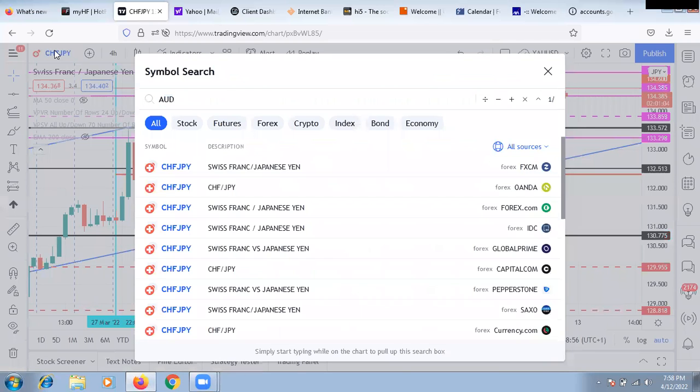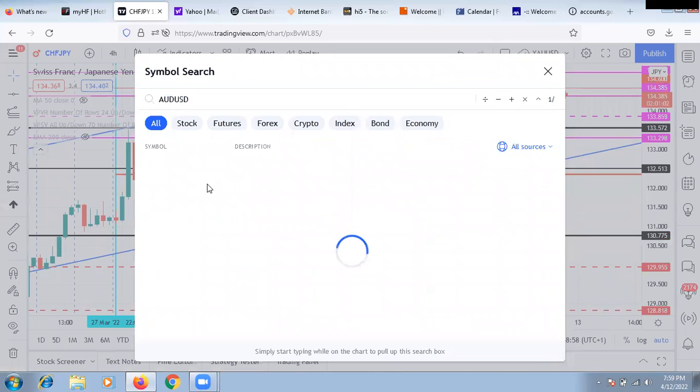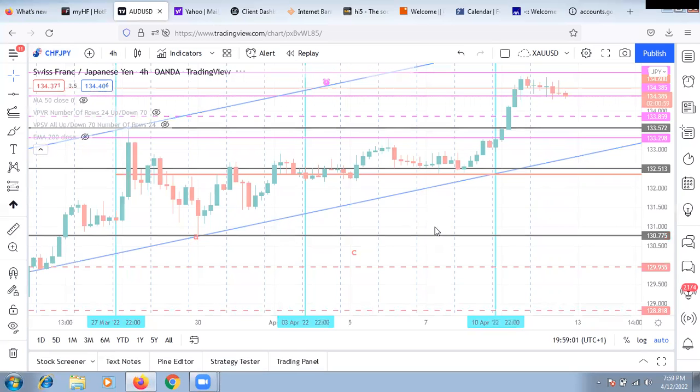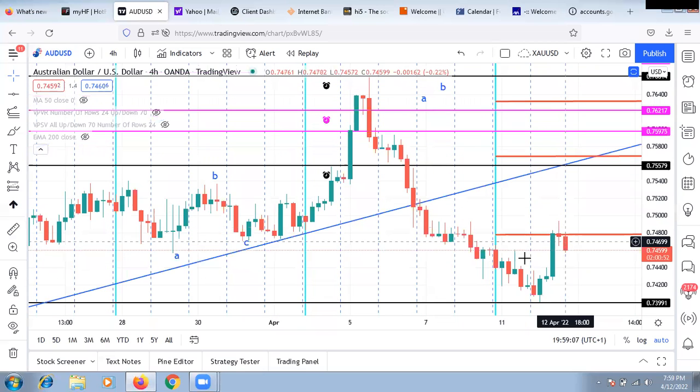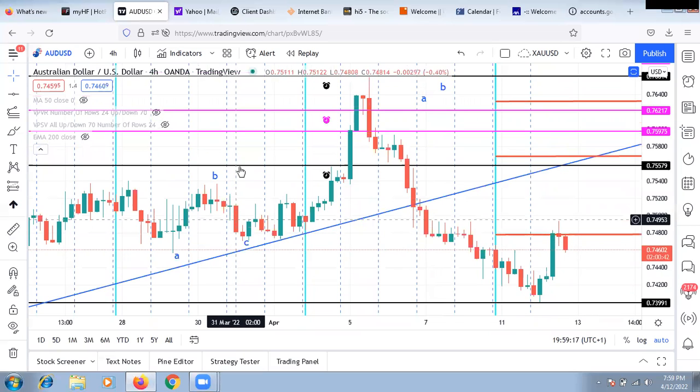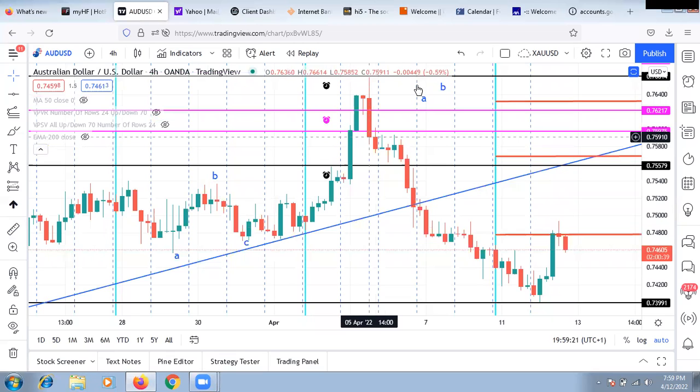And on AUD USD, I'll quickly show you that and what we said. Now you see what is happening. The price has been pushing up. If you look at it, we were here waiting for the move, and price also just did this push up, and it didn't join it.